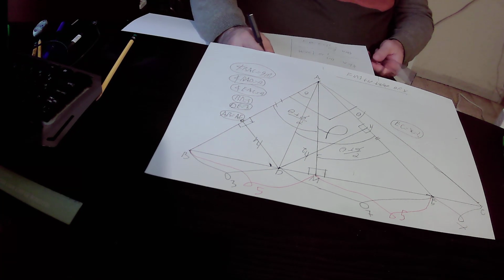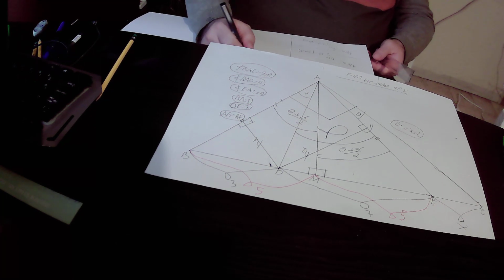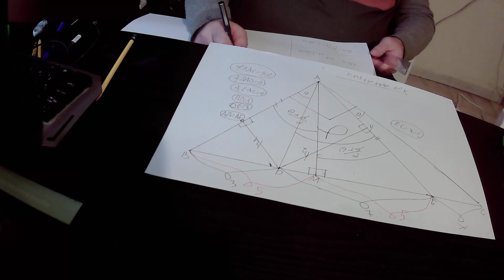So angle ACM is equal to theta plus alpha over 2 minus theta.